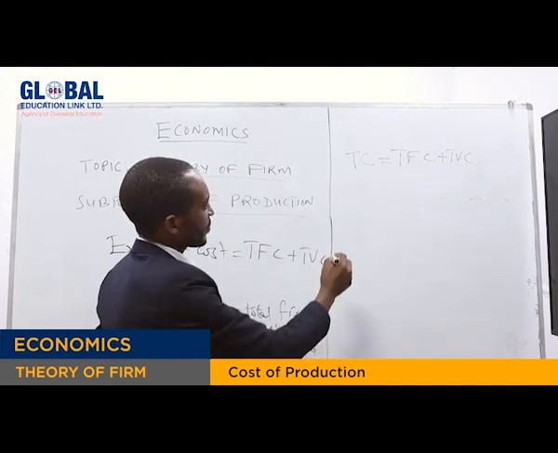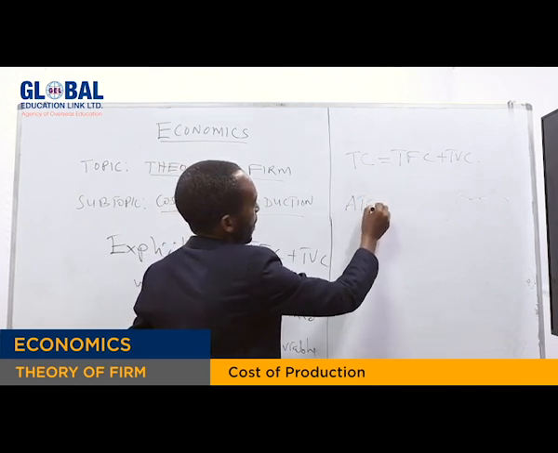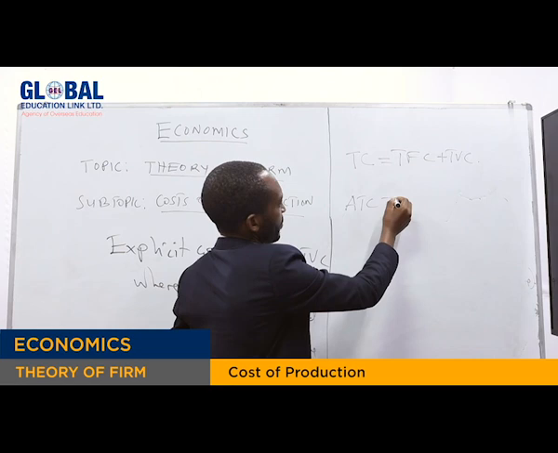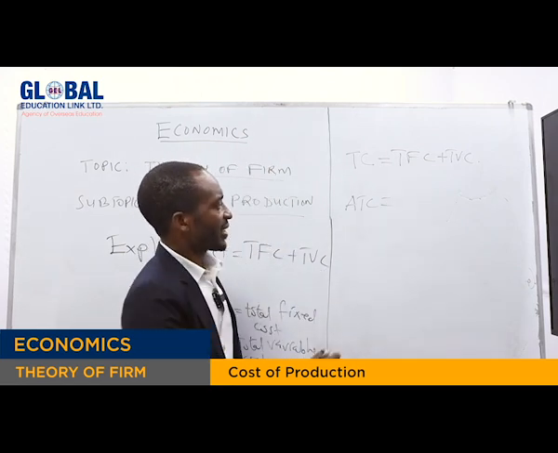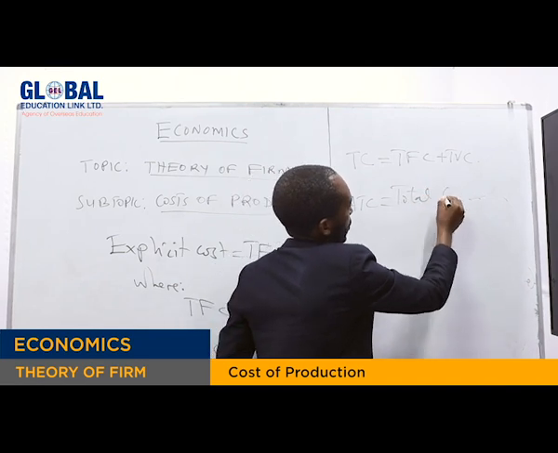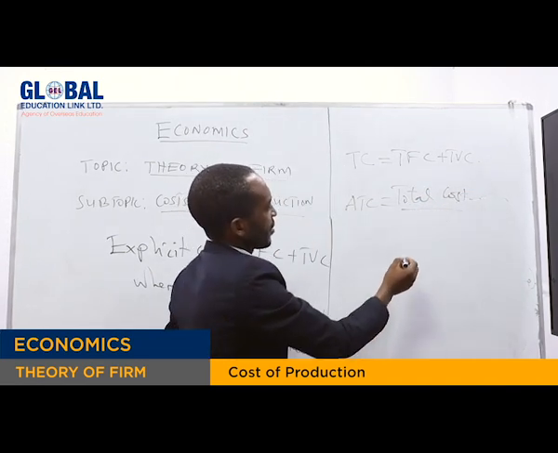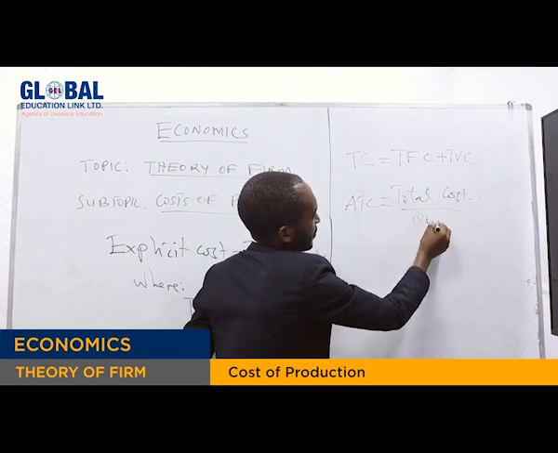Now, average total cost will be obtained by taking the total cost divided by quantity.